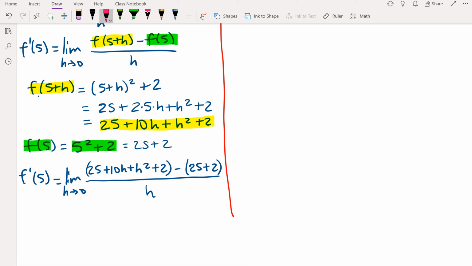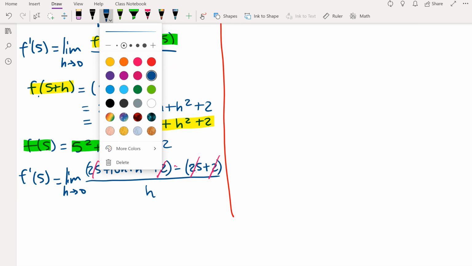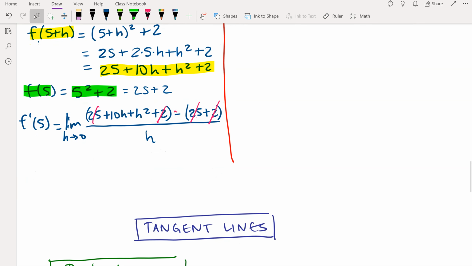So we have 25 minus 25. Those 25s cancel out. Then we get 2 minus 2. Those 2s cancel out. So let's write what's left. Equals the limit as h approaches 0 of 10h plus h squared over h.